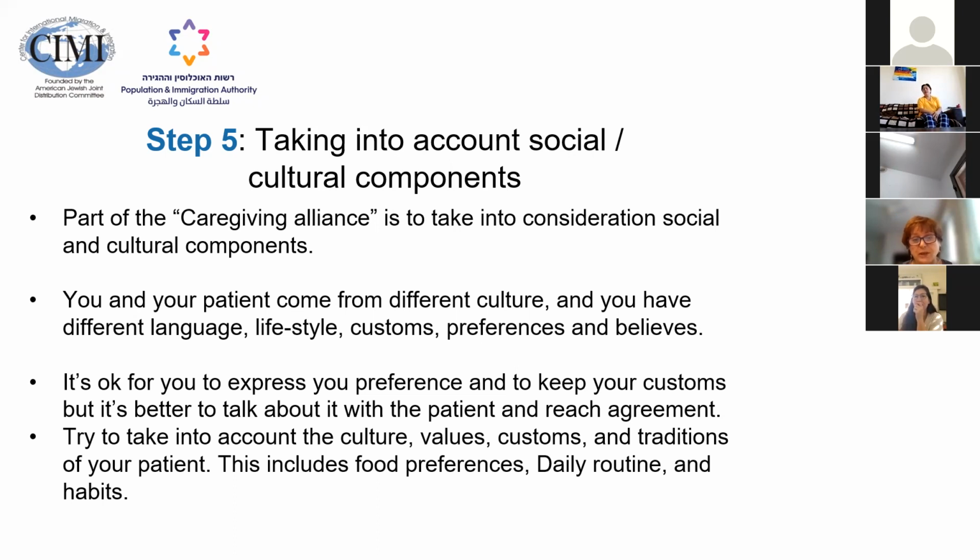It's okay that you express your preference and keep your customs, but it's better to talk about it with your patient and reach agreement. Try to take into account the culture, values, customs, and traditions of your patient. This includes food preference, daily routine, and habits. Okay, very important, daily routine and habits.